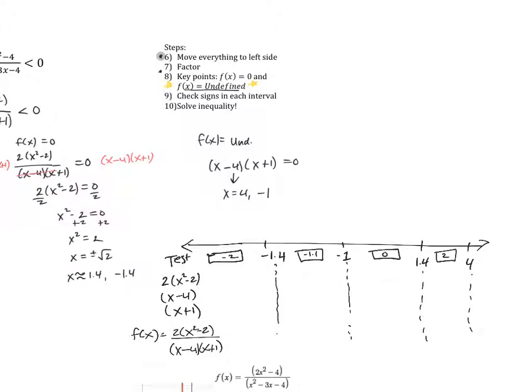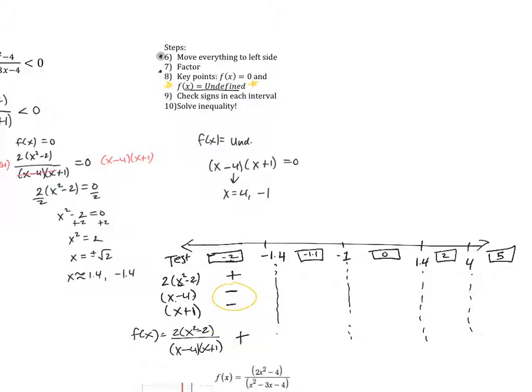Oh, I also need to try something on the other side of 4. When I take negative 2 and square it, that's a positive 4. Subtracting 2 gives me a positive number. Now negative 2 minus 4 is negative, and negative 2 plus 1 is negative. For my denominator I multiply these: negative times negative is positive. My function takes numerator divided by denominator, so the total output there is positive.